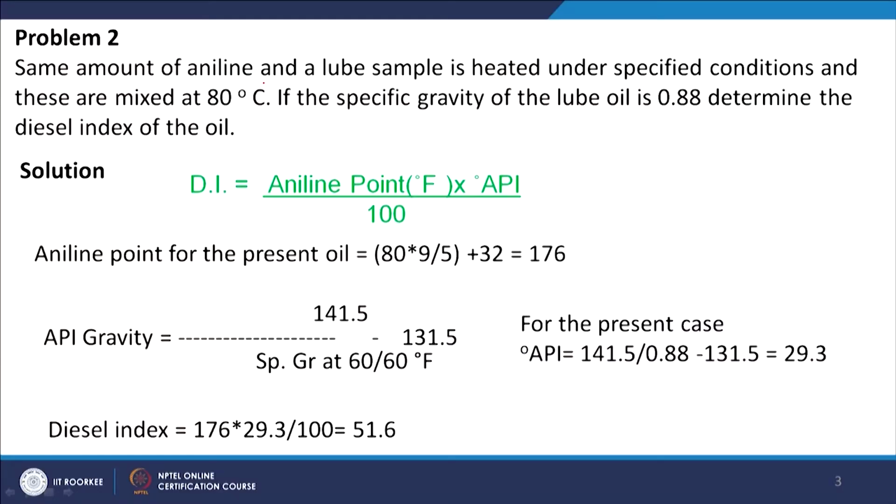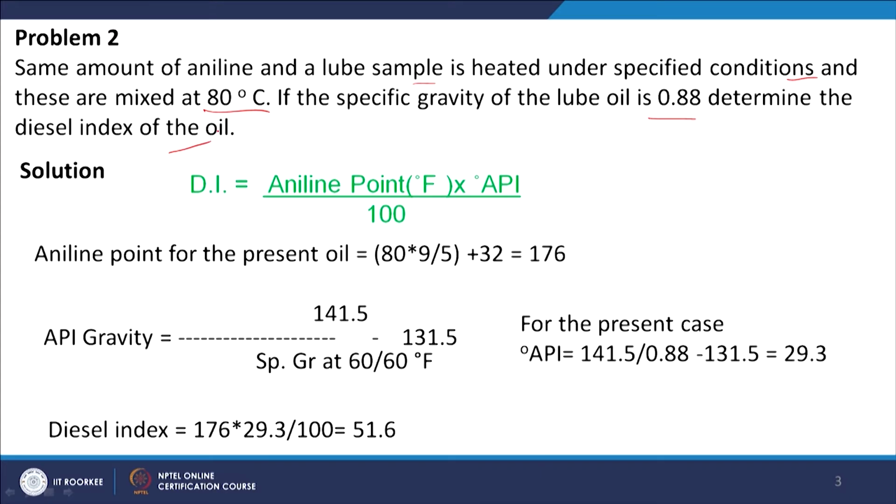Now, in the next problem the statement says the same amount of aniline and a lube sample is heated under specified conditions and these are mixed at 80 degree centigrade. So, the same amount is mixed in the laboratory in a particular arrangement, and it is giving us 80 degree centigrade. If the specific gravity of the lube oil is 0.88, determine the diesel index of the oil.